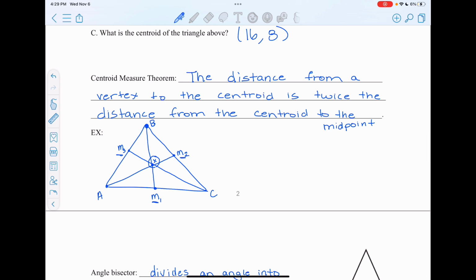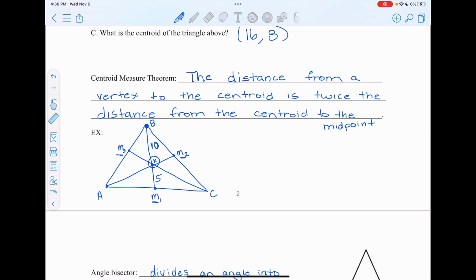So if the distance from B to the centroid was 10 units, I have to divide that by 2 to find the distance from the centroid to the midpoint. So that means that the distance from the centroid to M1 would be 5.